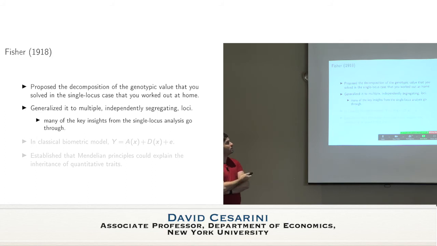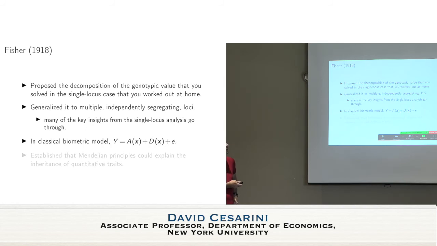But he also had to show things like that in equilibrium the variance doesn't all disappear with the passage of time. There are many versions of the model, but what's typically called the classic biometrical model says that Y is the additive genetic effect, a dominance component, and the residual.